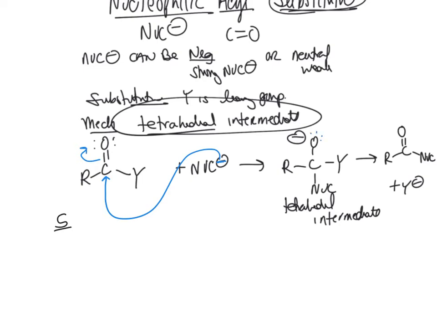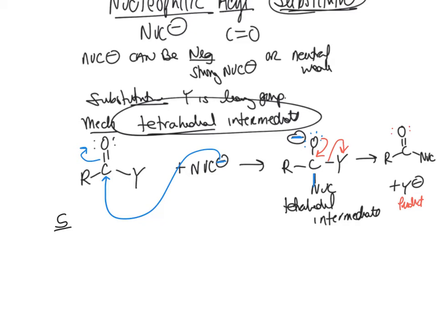Make sure you draw all your lone pairs in here, and now you have the nucleophile bonded here. This is your tetrahedral intermediate. And then in order to form your product, the reforming of the carbonyl is a very energetic process, and that's why the Y group leaves. And so those are your 2 electron flow arrows for each step.